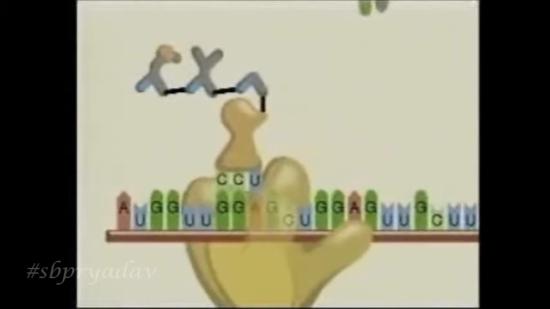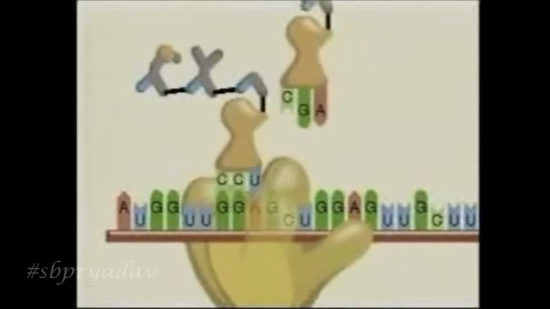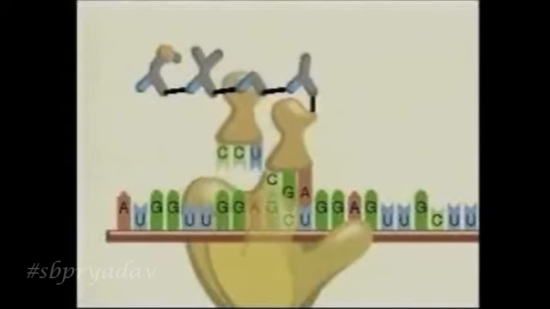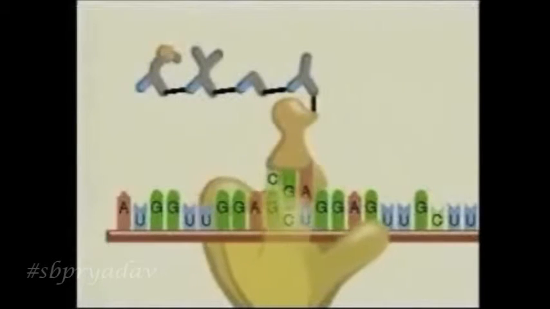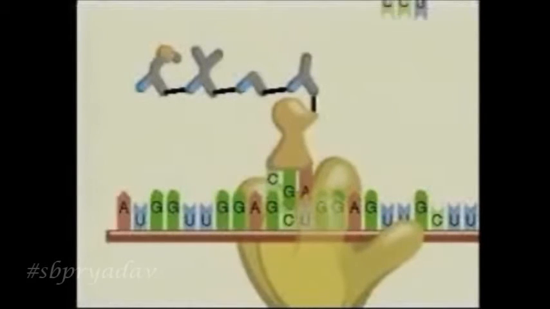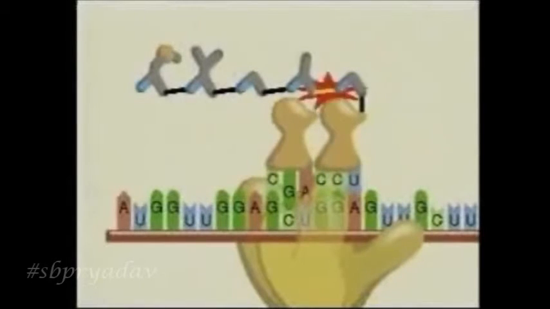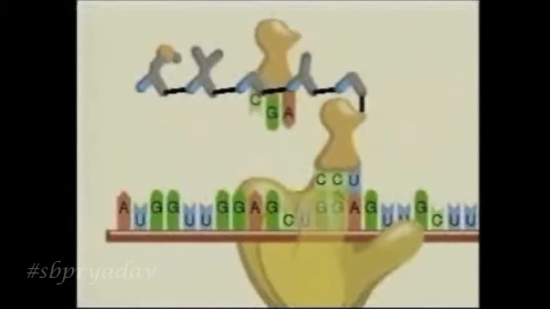Again, the codon is matched by the anticodon of a tRNA carrying an amino acid. The protein chain is shifted, adding another amino acid to the chain. The tRNA that gave up its amino acid detaches, and the ribosome moves down the mRNA strand to the next codon. This process, called elongation, builds proteins one amino acid at a time.